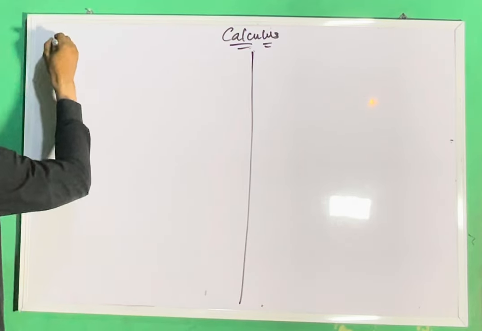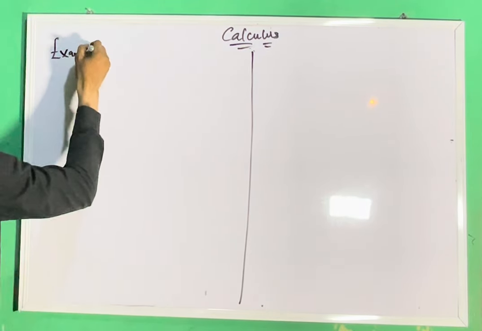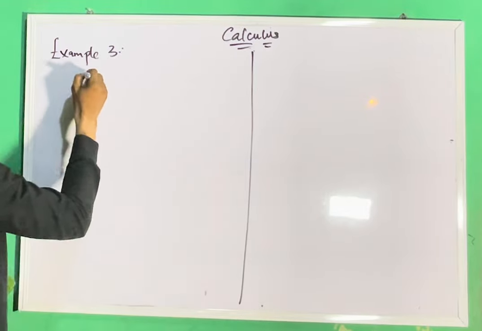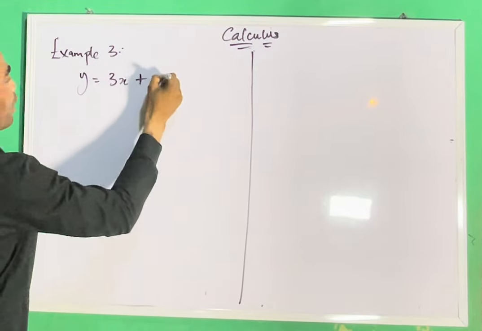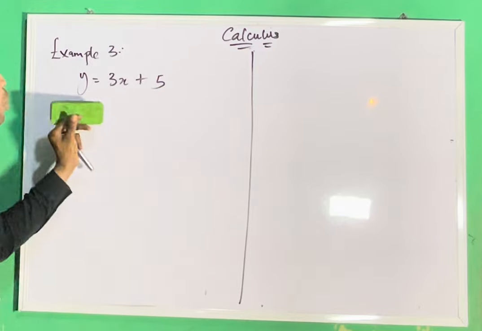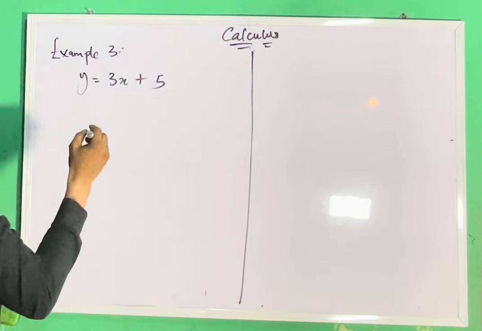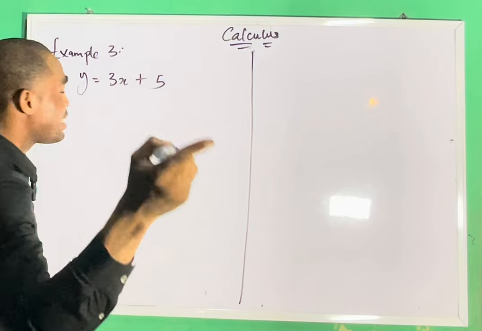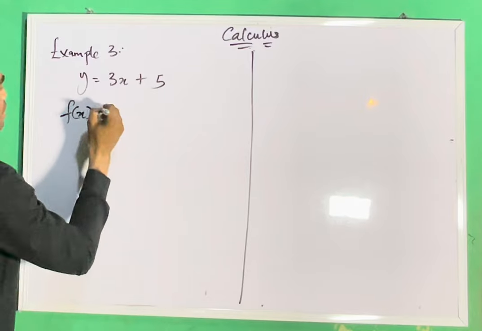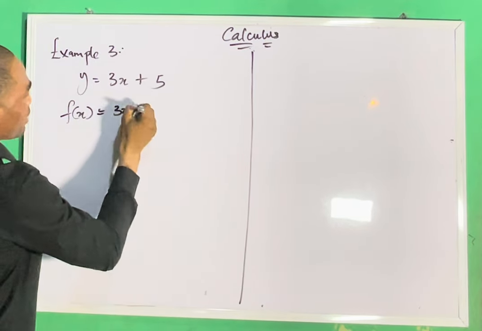So now, example 3. In example 3, let's say that y equals 3x plus 5. Now, this is another example that I want to use. y equals 3x plus 5. Don't forget that your f of x is also 3x plus 5.